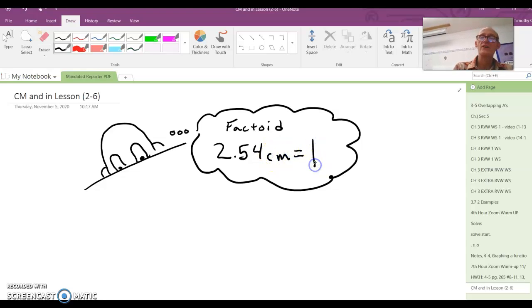in 1 inch. Oop, the pen stopped working. In 1 inch, okay? So our goal is to convert.